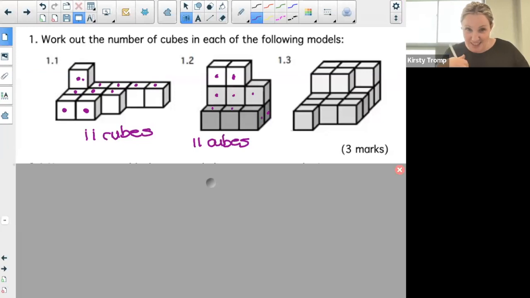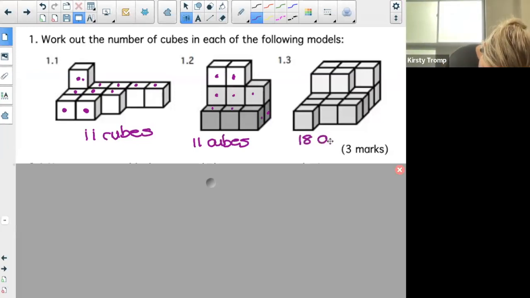Ma'am, I got 18, ma'am. Well done. I agree with you, Ramsey. I also get 18 cubes. Well done, Ramsey. Thank you so much. All right, guys. Well done, everybody.